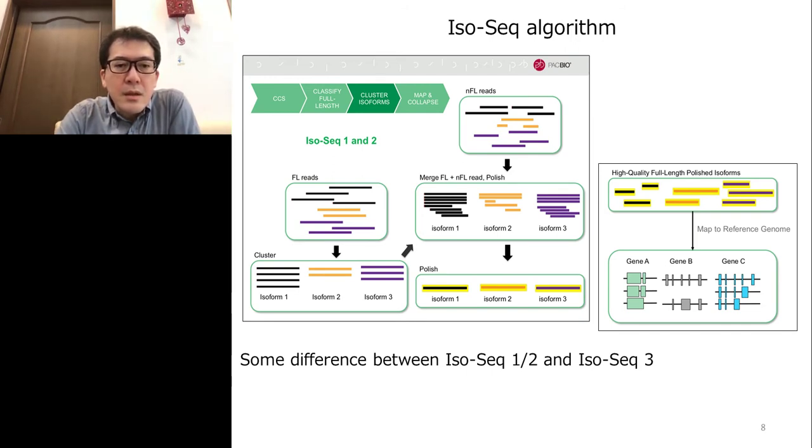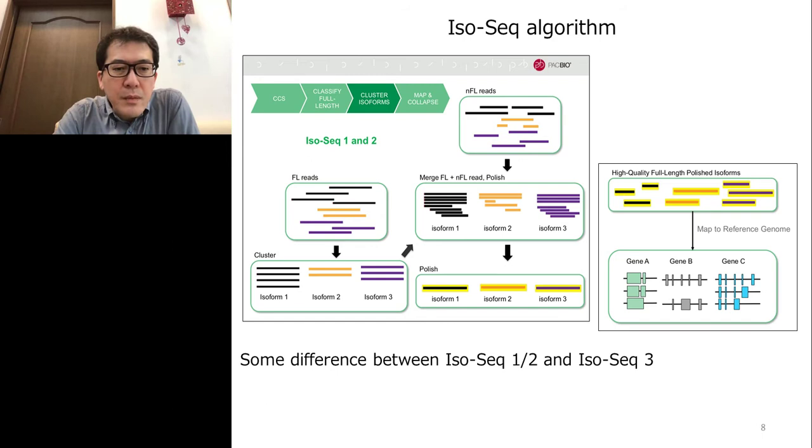In the IsoSeq analysis, CCS with similar sequence were clustered together to generate IsoSeq consensus transcripts that represent one transcript. And as a whole, they comprise the transcriptome as shown in the right panel.